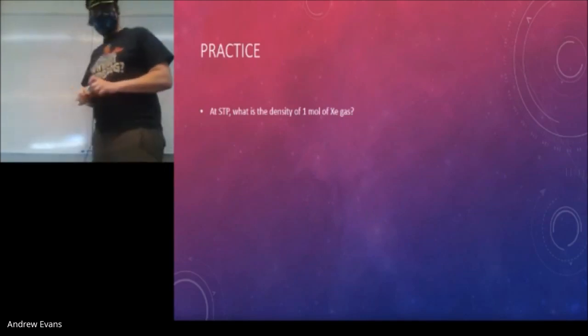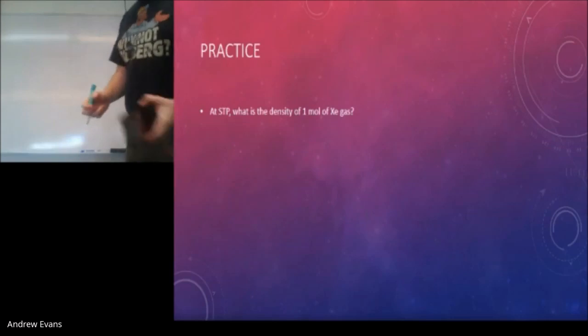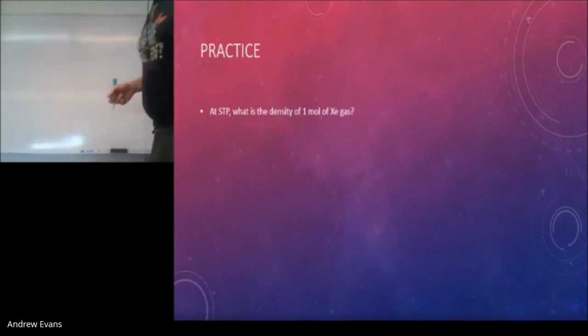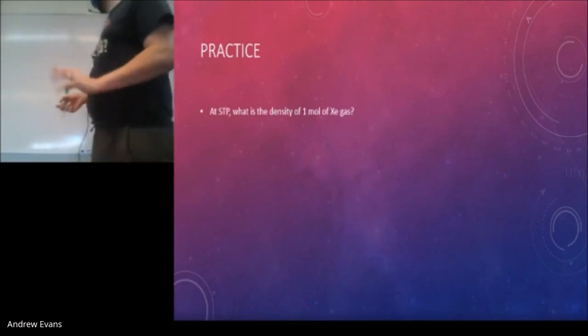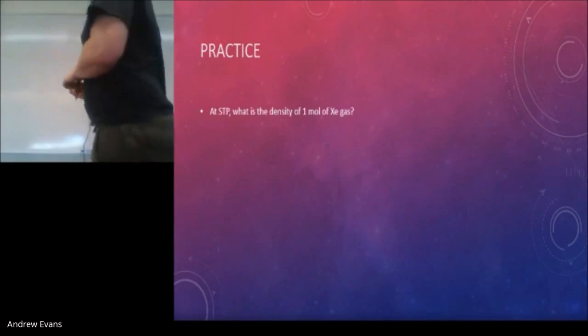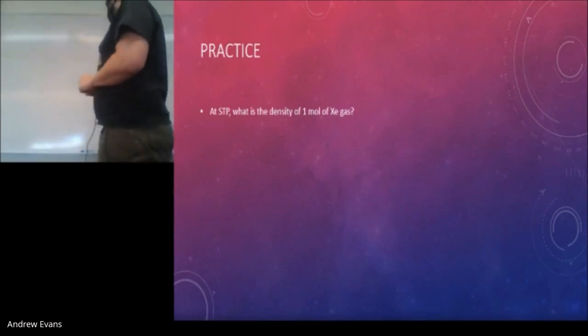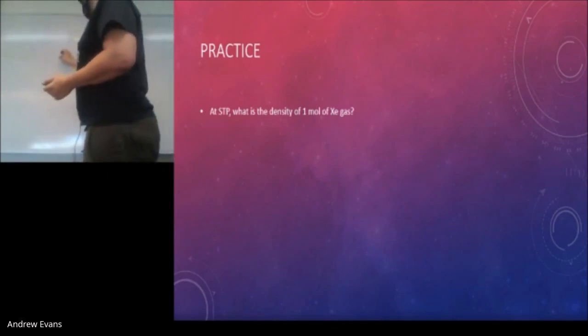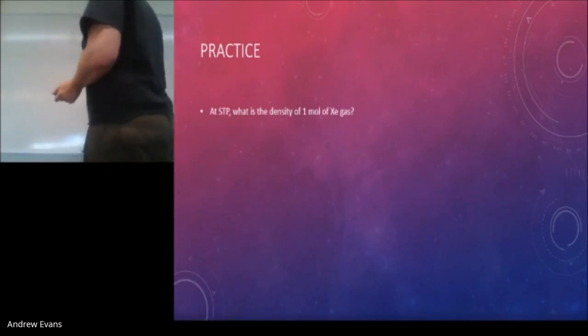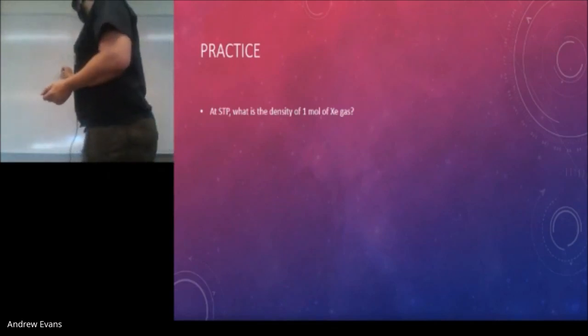Now this one really looks like we're not given enough information. But you've got to remember standard temperature and pressure. STP is 273 Kelvin and 1 ATM. So we know our pressure.